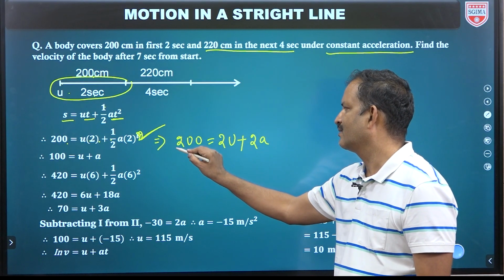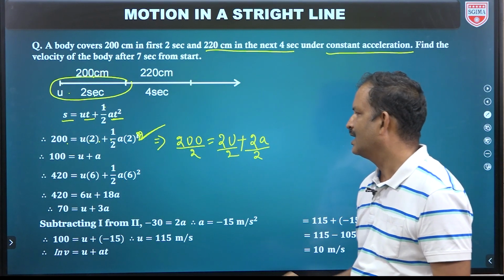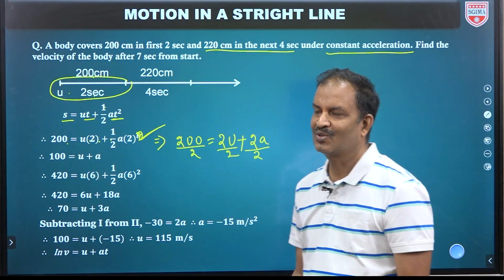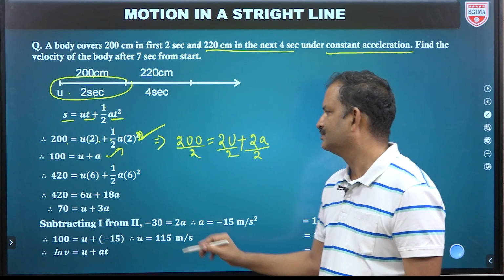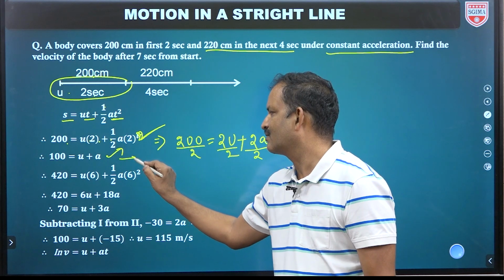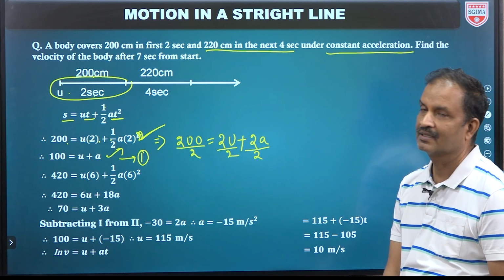Then divided by 2, you will get 100 is equal to u plus a. I got the equation. This is the first equation.